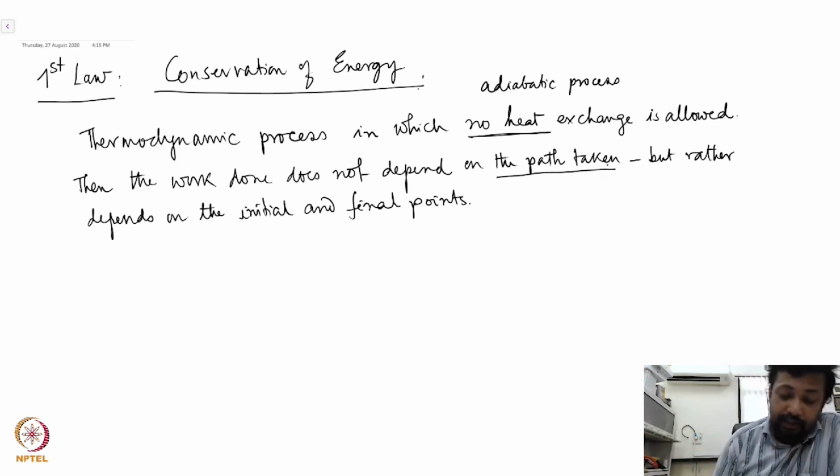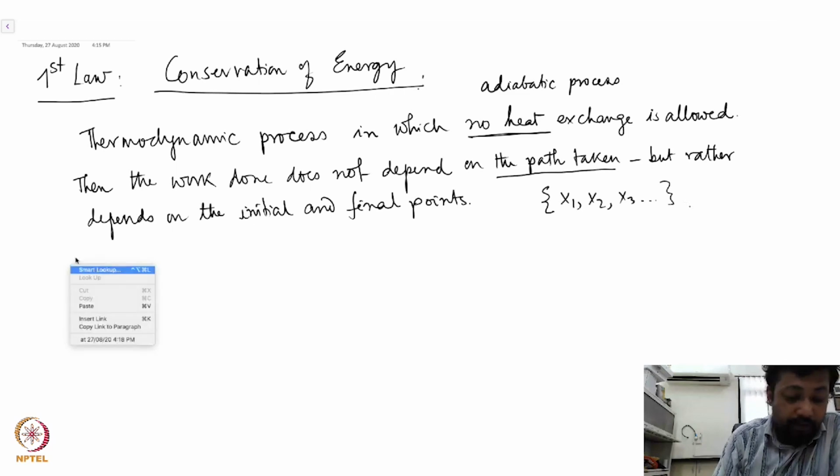The path taken is in the space of your macroscopic variables, which we shall call x, or let's not put a vector sign right now. The path taken in this space.